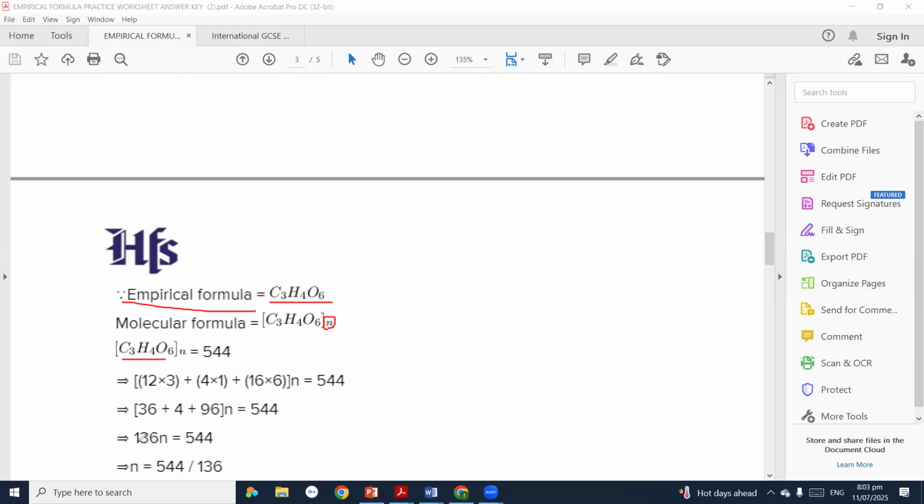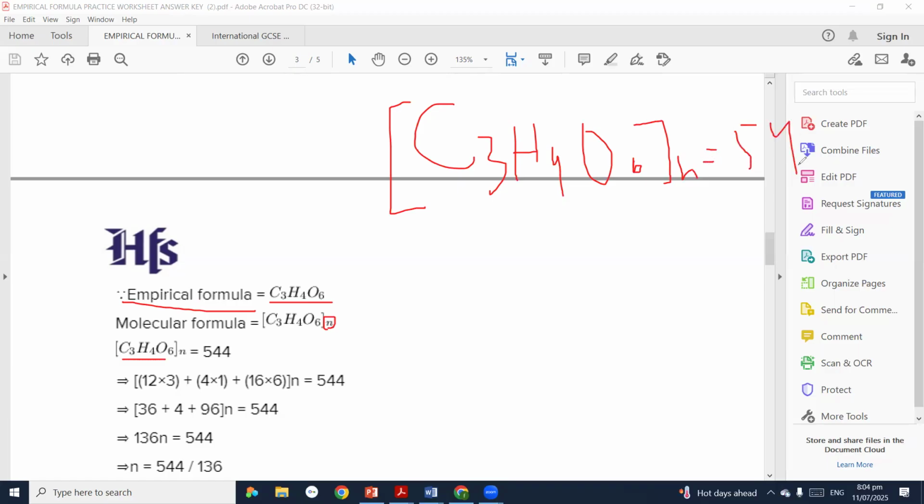I'm just writing over here: C3H4O6. n is equal to, this is the formula you will apply to calculate, 554 gram molar mass. So you need to basically calculate the value of n. How will you calculate the value of n?